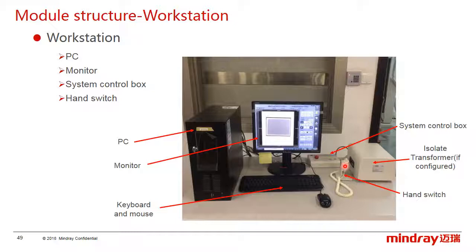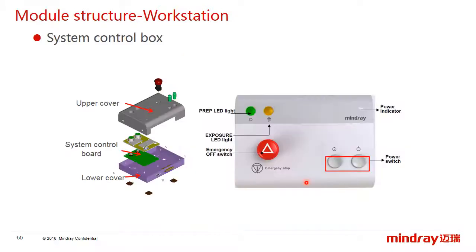The hand switch is used to control the exposure, and if a mobile detector is configured, the storage transformer is required, but for a fixed detector it is unnecessary. Inside of the system control box, there is only a control board, and if the control box is defective, we can replace the whole system control box or only replace the control board PCBA.